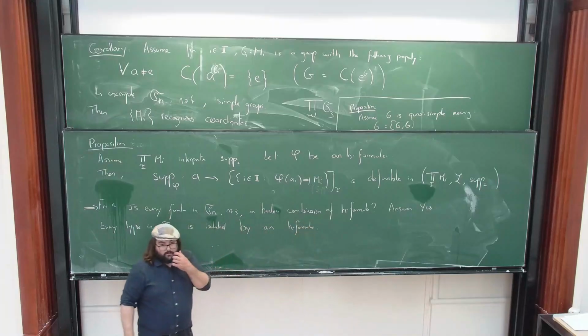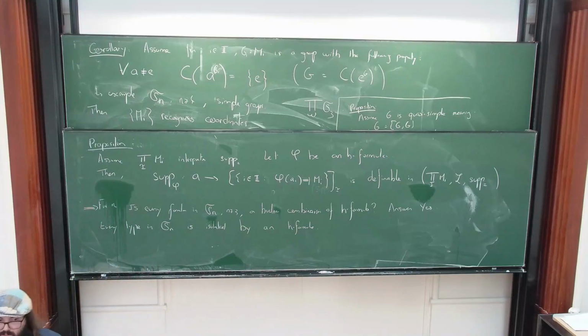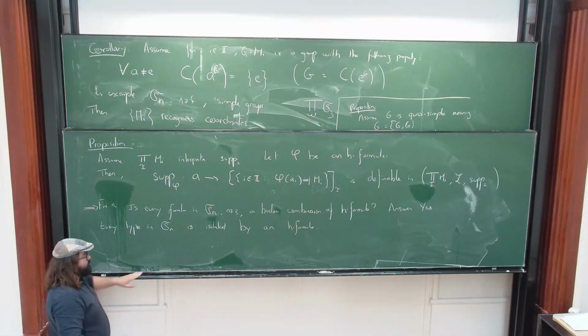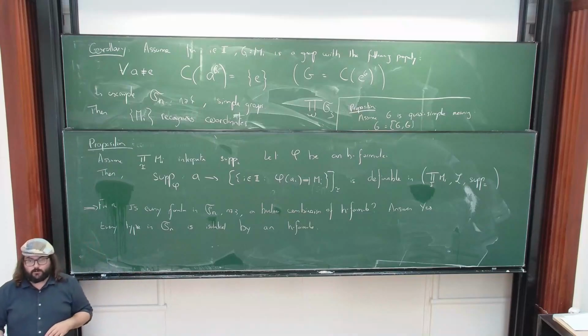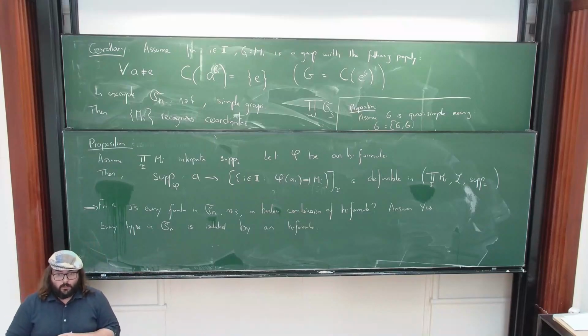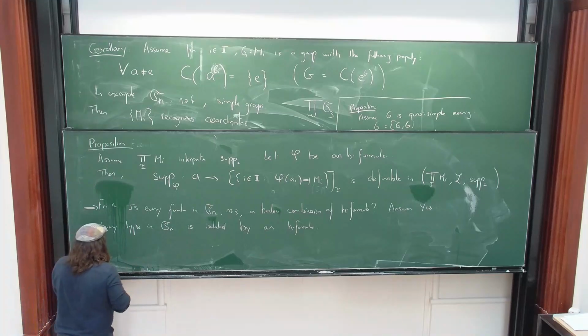And then you get that every definable set is a Boolean combination of H formulas, a Boolean combination of types. And it's not obvious, this fact. It's much more obvious for S3, but not for Sn for every N.